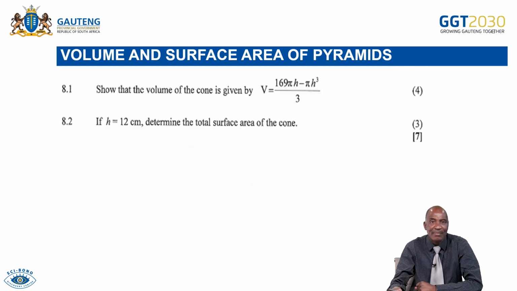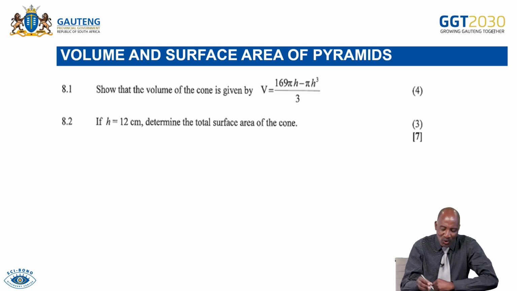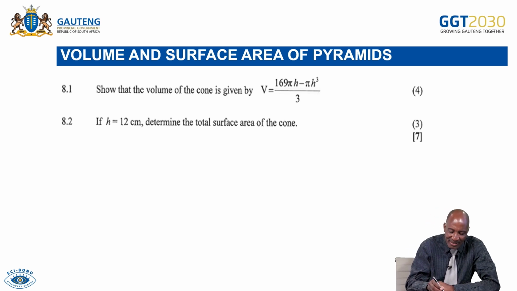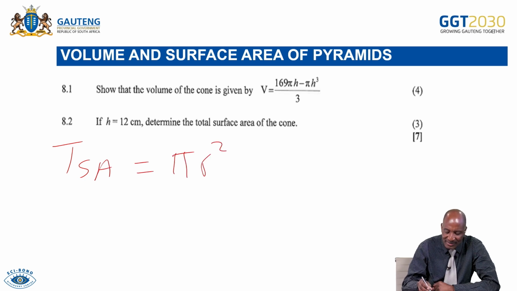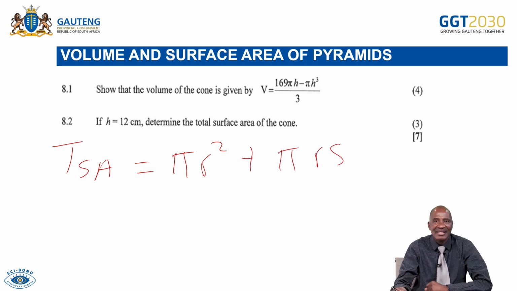I think it was just a substitution type of question. If h is 12 centimeters, determine the total surface area of the cone. Right? We know the total surface area of the cone. Total surface area is given by pi r squared, right? Added to pi r s for slant height.